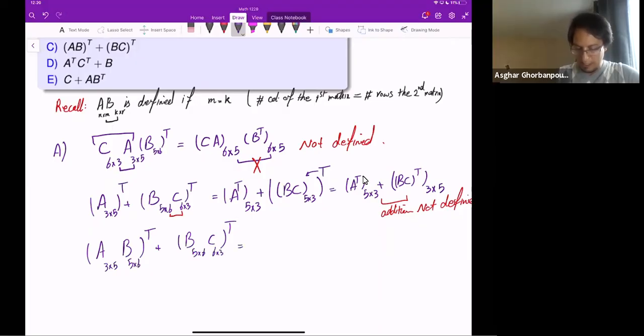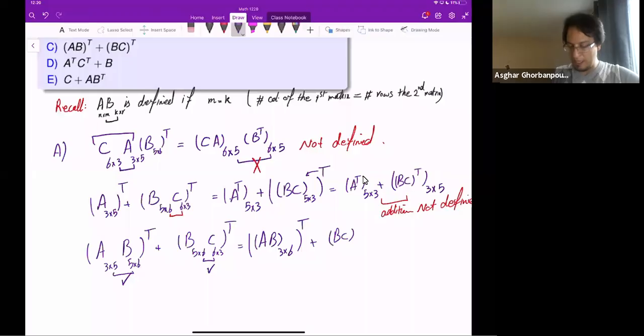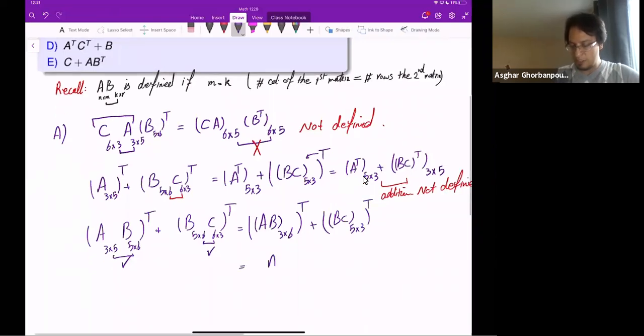So here, yes, we can do this and we can do that. So AB is going to be a 3 by 6 matrix, and then we are supposed to find the transpose of that, plus BC is going to be a 5 by 3 matrix, and then we find the transpose. When you find the transpose, the number of rows and columns are going to change.